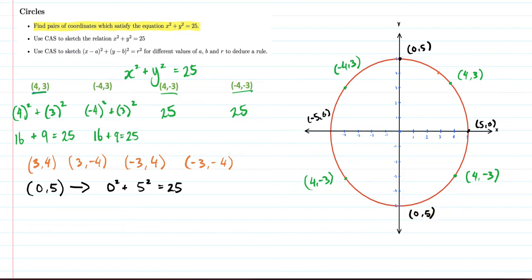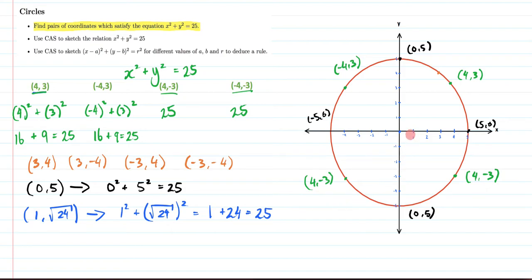If you wanted to be a little bit tricky, you could have the coordinate 1 with the square root of 24. What's that going to give me? Well, 1 squared plus the square root of 24 squared is going to give me 1 plus 24, which is 25.